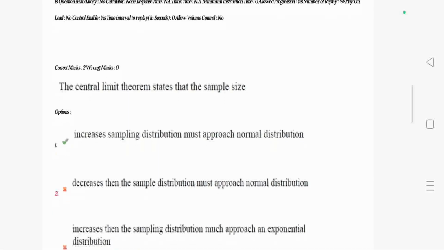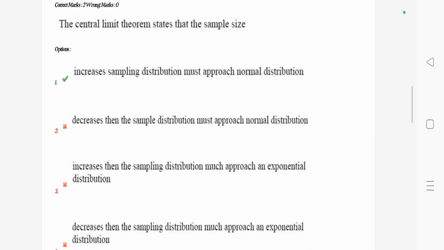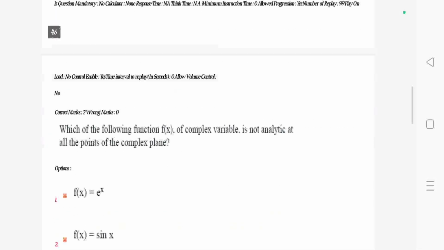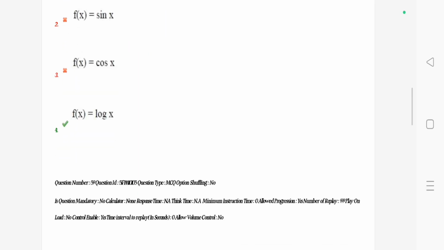Next question, the central limit theorem states that as sample size increases, sampling distribution must approach normal distribution. Next question. Which of the following function f of z of a complex variable is not analytic at all points of complex plane? f of z is equal to log z.